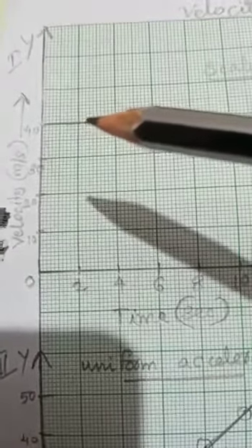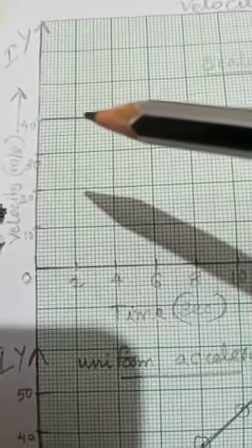According to this table, for time 2 second, what is the value of velocity? It is 40 meter per second. Then again, along the y-axis we have to mark velocity. First I am choosing 10 divisions equal to 10, 20, 30, 40.